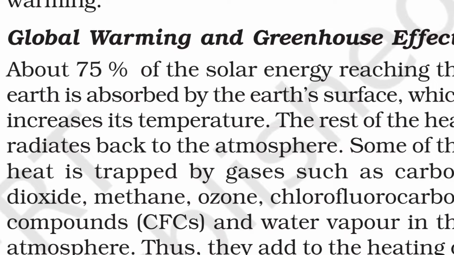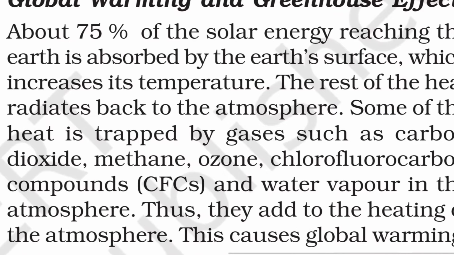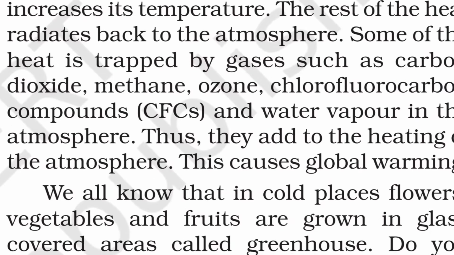These gases are called greenhouse gases because they have a tendency to absorb heat which comes from the sun. They add to the heating of the atmosphere. That's why these gases are called greenhouse gases, and heating of the earth's surface or atmosphere is called global warming.